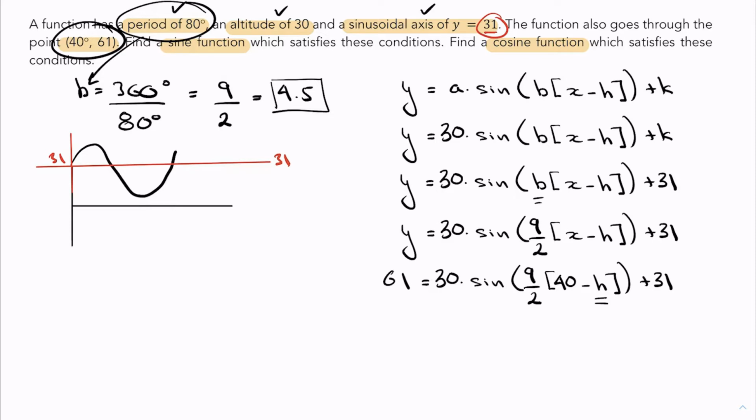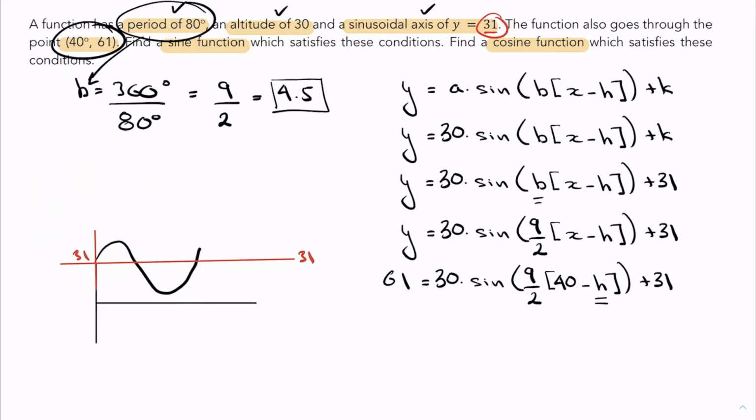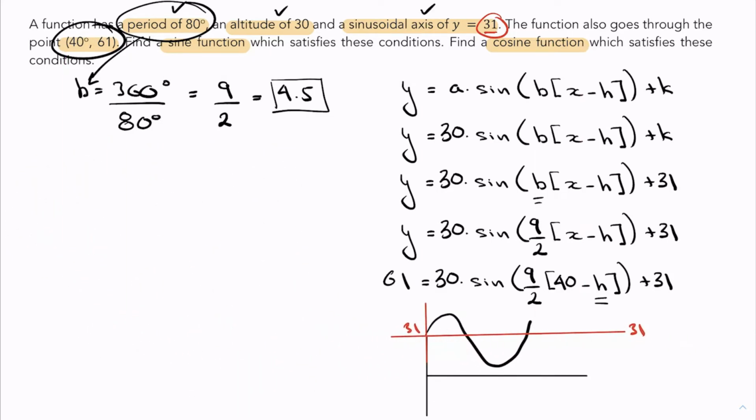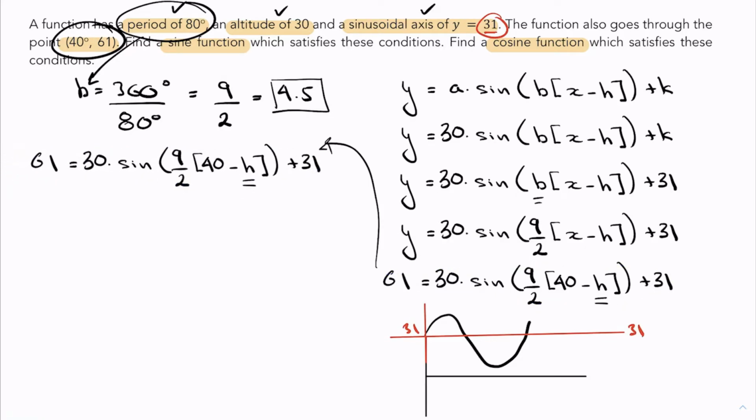So let's do that right now. I'm going to have to make some space here. Let me copy this equation again, and let me solve.